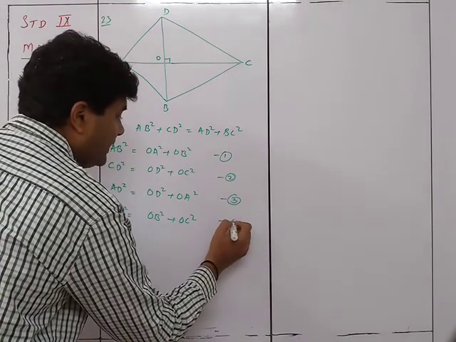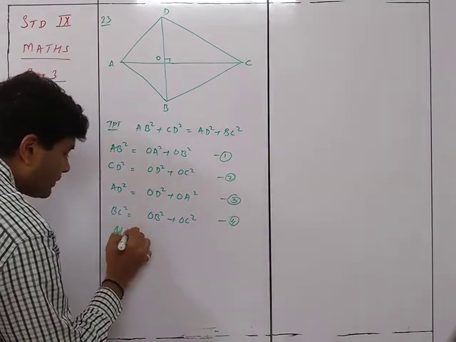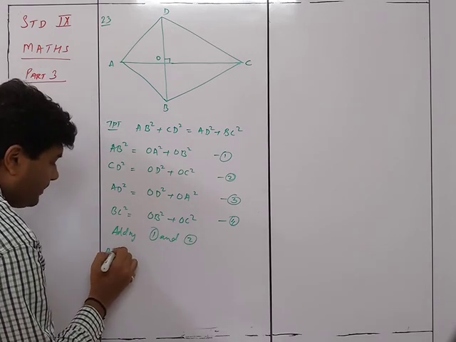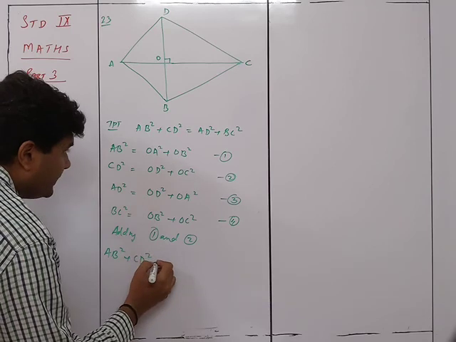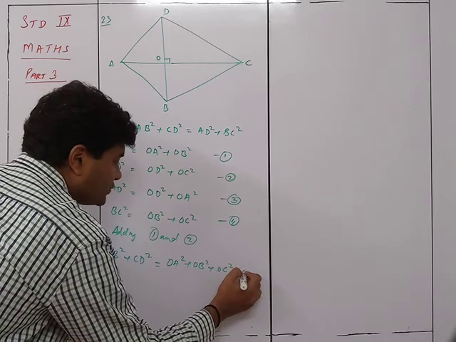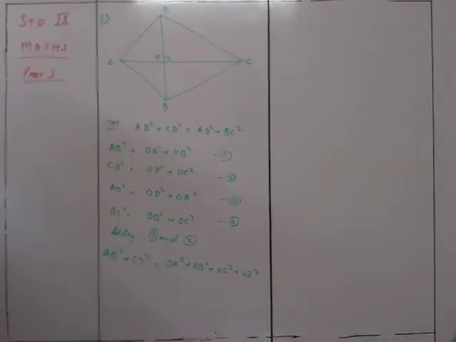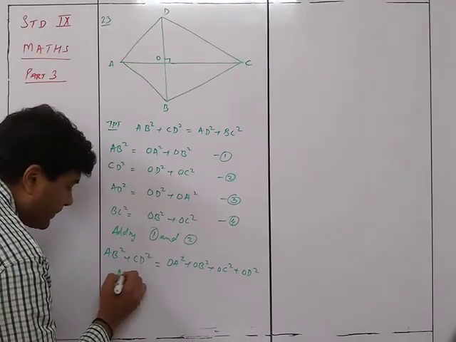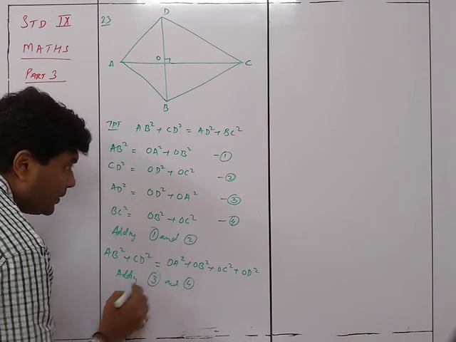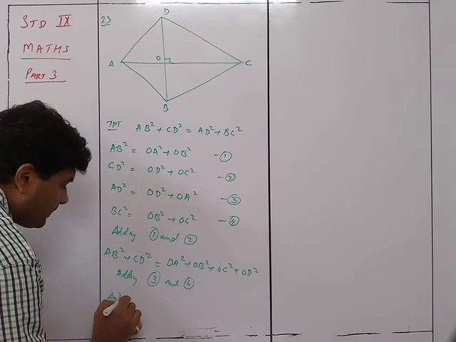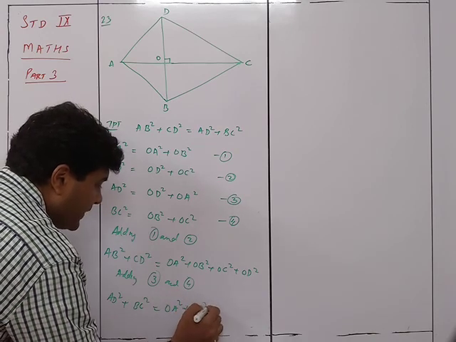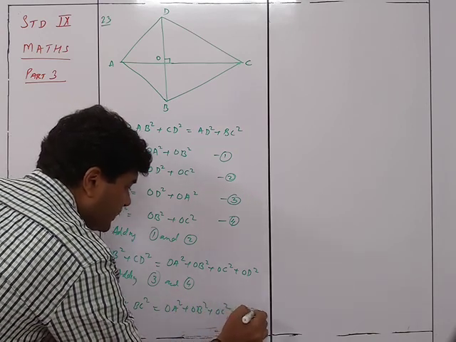So we will say over here, adding 1 and 2, we get AB square plus CD square is equal to OA square plus OB square plus OC square plus OD square. Similarly, on adding 3 and 4, we get AD square plus BC square is equal to OA square plus OB square plus OC square plus OD square.